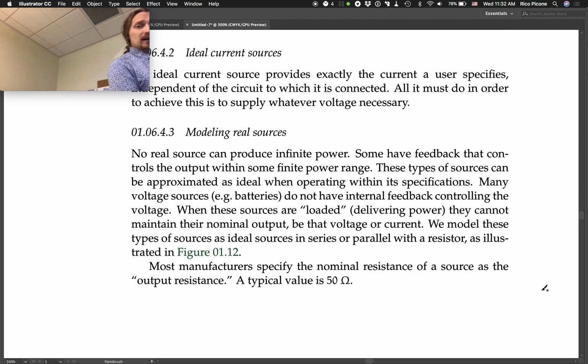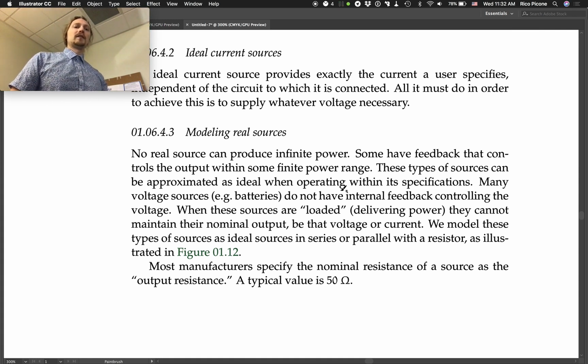An example of the type of sources that don't have this regulated feature are the function generators. So you guys have been using function generators as well. Function generators are not regulated. I've never seen one that is regulated.